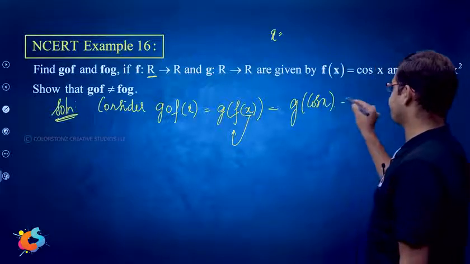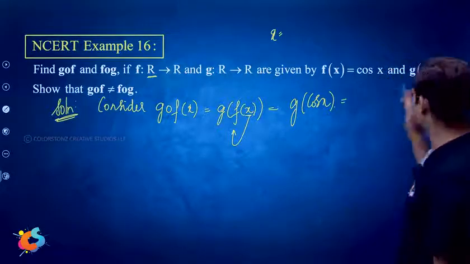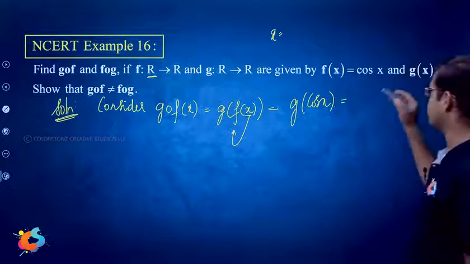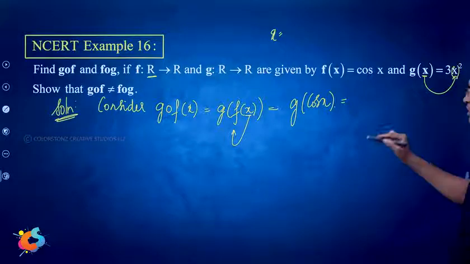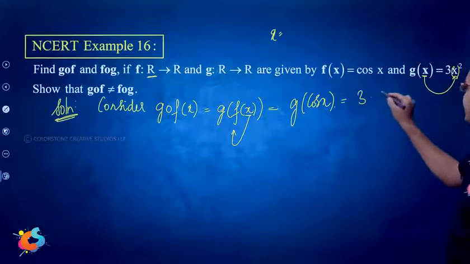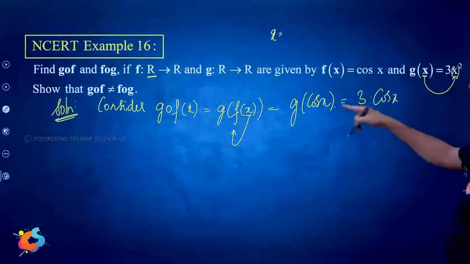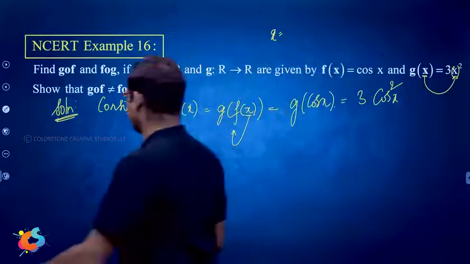Next, what is g of x? 3x square. What is g of 1? 3 into 1 square. Whatever is there, you write 3 into that, and for this you put a square. So because cos x is there, I will write 3 into cos x, and for this cos x I have to put a square. So this is what g circle f of x is.